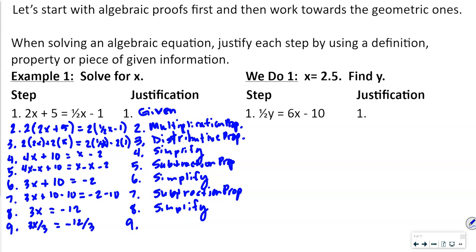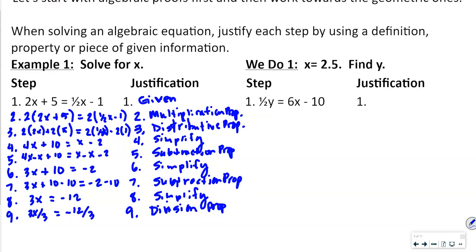So that's going to be our step 9. So that's going to be division property, right? Okay. And then step 10 is going to be simplify again, right? So this is just going to be x equals negative 4. So step 10 was simplify.